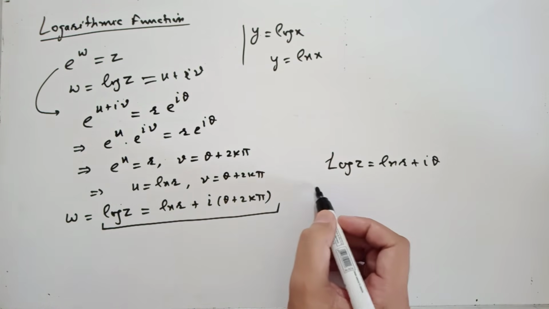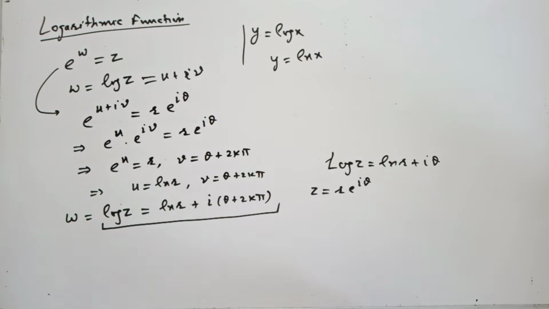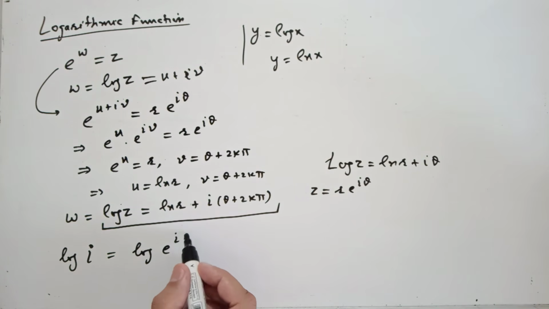So what to do? First change your complex number into polar form. After that you can directly use this formula. See this example. Say you want to calculate log iota. First you need to write iota in polar form. What is iota in polar form? e power iota pi by 2.